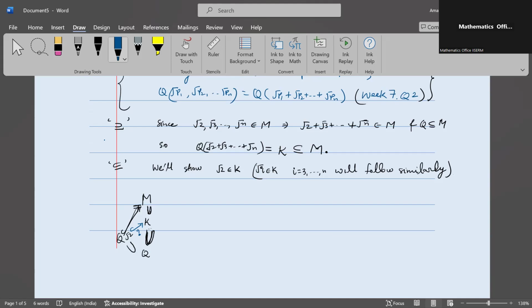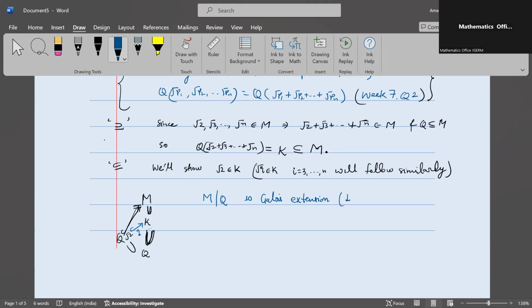Because M over Q is a Galois extension. Is that so? M over Q is a Galois extension. How? I think it is Galois because it is separable by default.